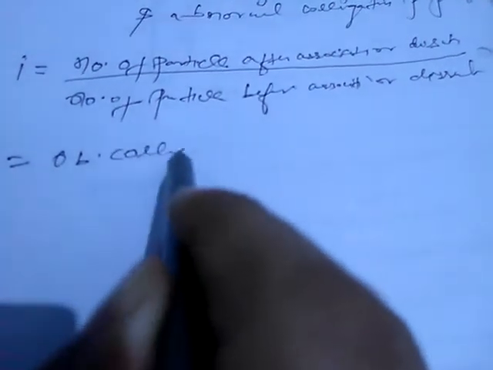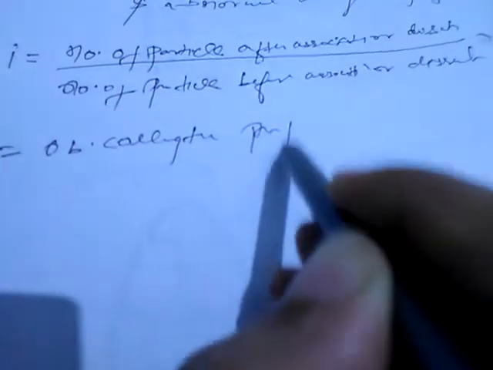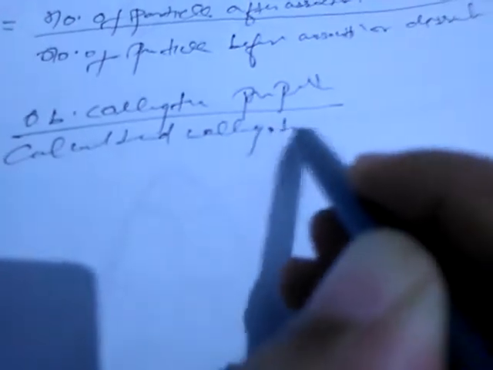Or i is equal to observed colligative property by calculated colligative property. One more thing, i is equal to calculated molecular mass by observed molecular mass.